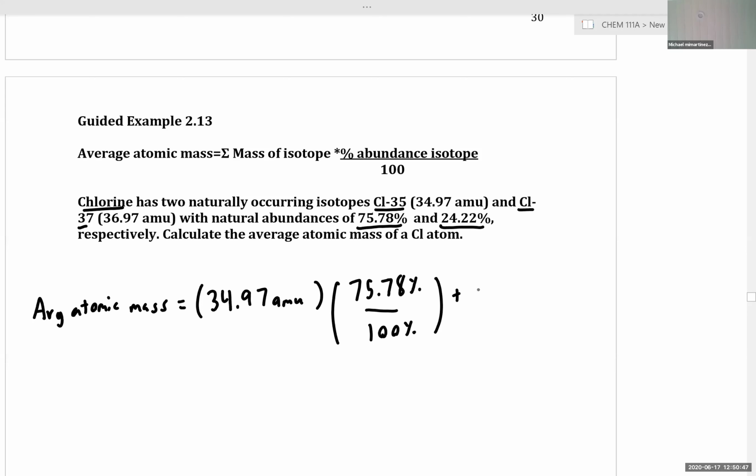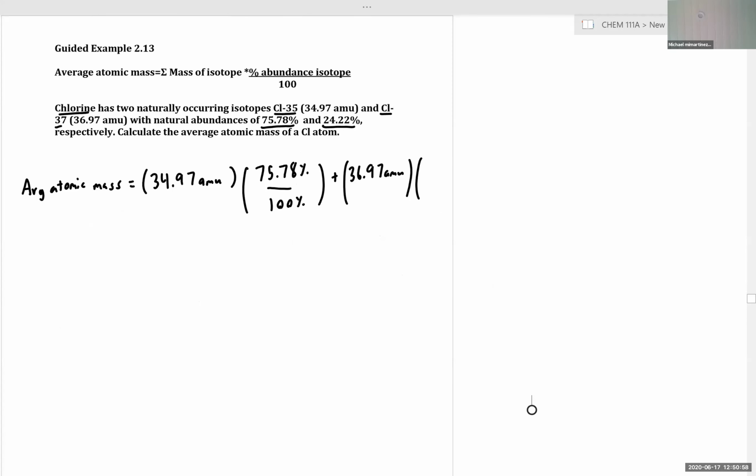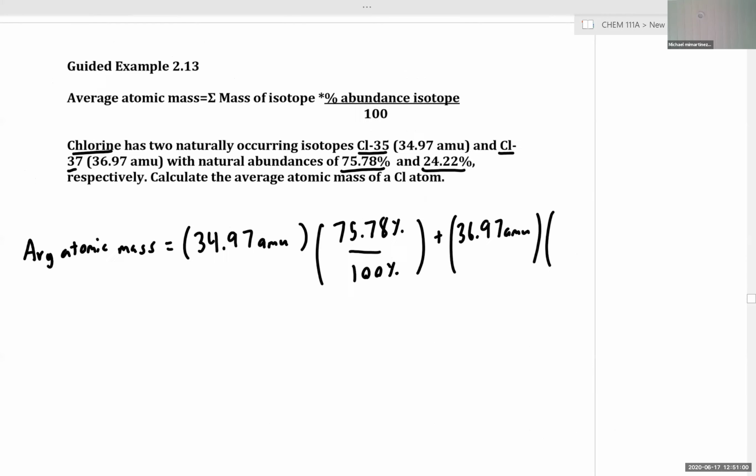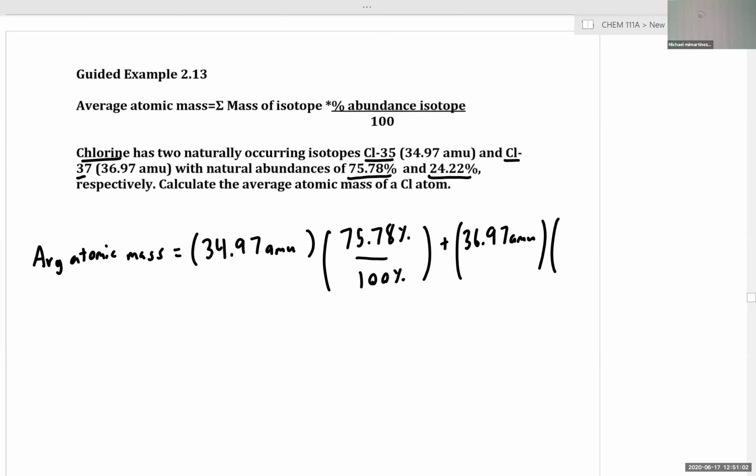plus the mass of chlorine 37, which is 36.97 AMU, times the percent abundance over 100.